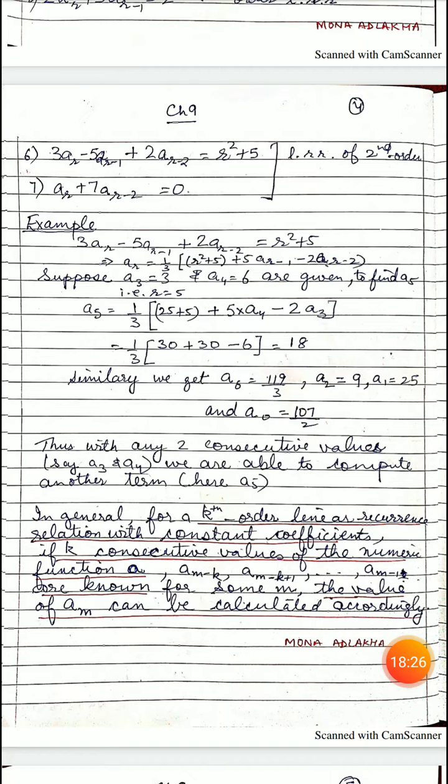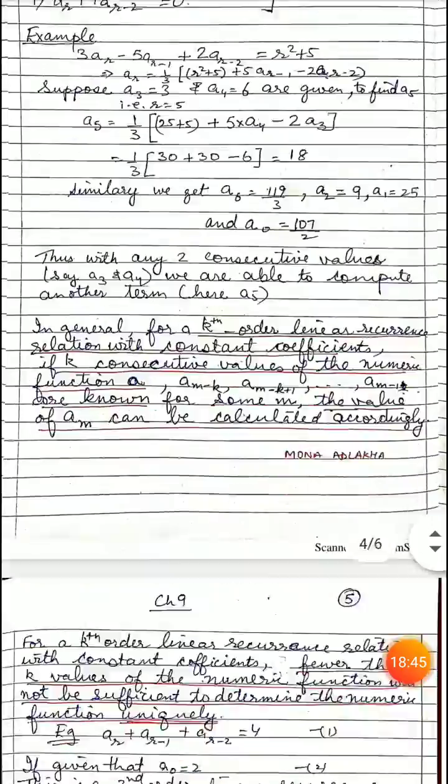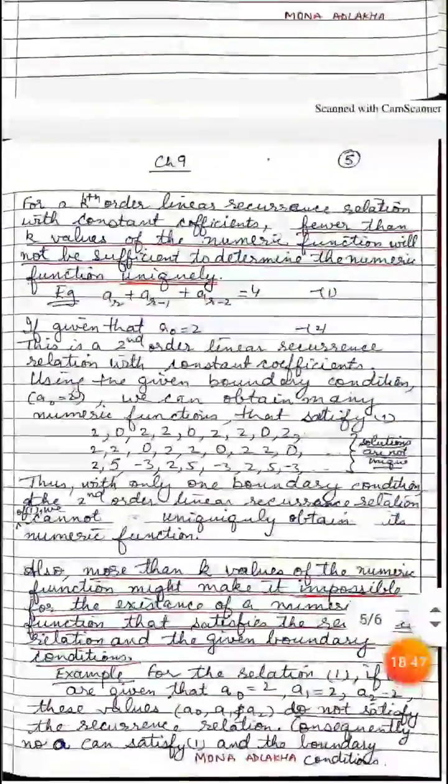In the subsequent examples, if I have fewer than k terms or more than k terms, either I will not be able to find a solution, or if I am able to, it will not be unique. So to uniquely identify, you will need k consecutive terms. Let's see the other examples.